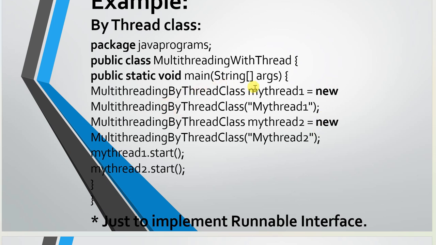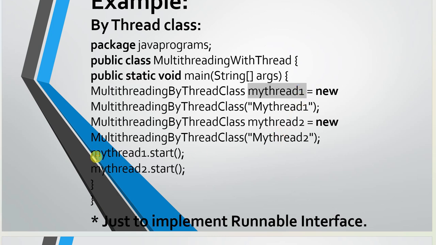What we are doing, thread 1 and thread 2, these two threads we have just created. As I said already, we should not use a lot of threads, as the context switching will be heavier. So here we are creating two threads, thread 1 and thread 2.